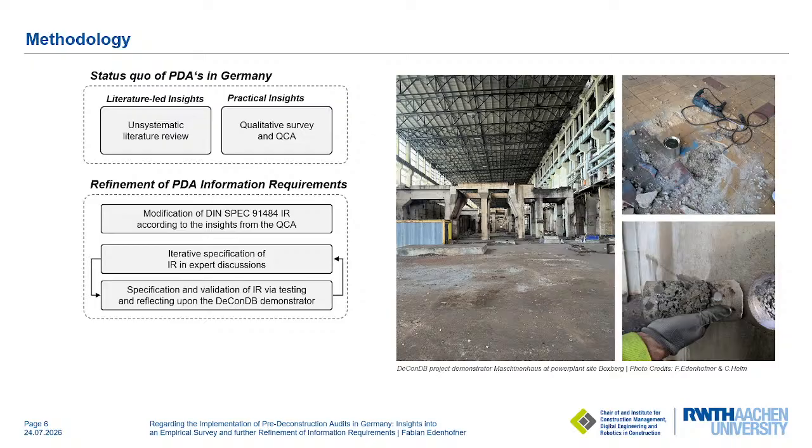The material samples are currently being analyzed, and we also took a few disassembly probes because we saw initial potential from those Villeroy and Boch tiles. It's a very famous company in Germany, but the tile glue was just too sticky, so we couldn't get it off in an economical way, just as a short side note.